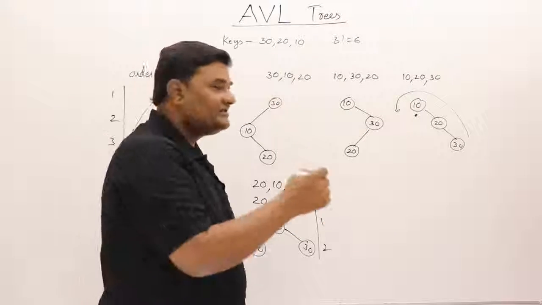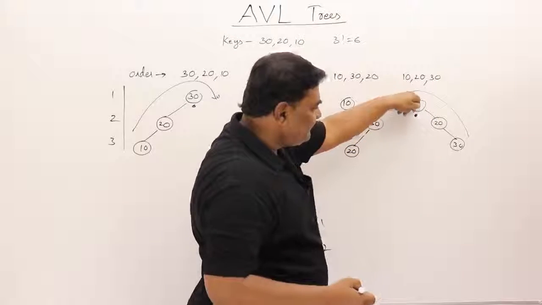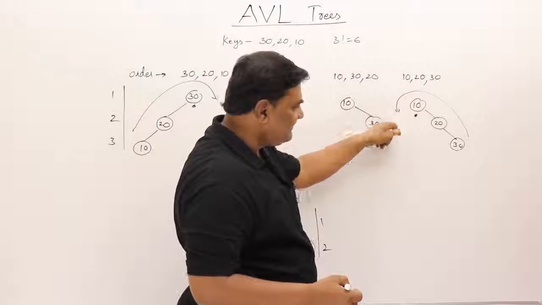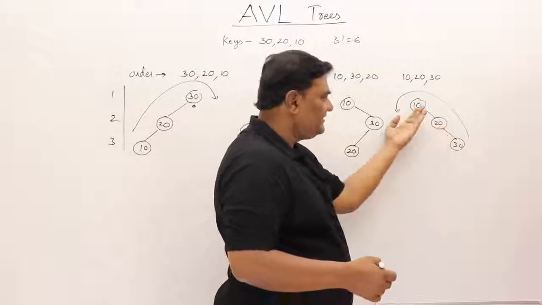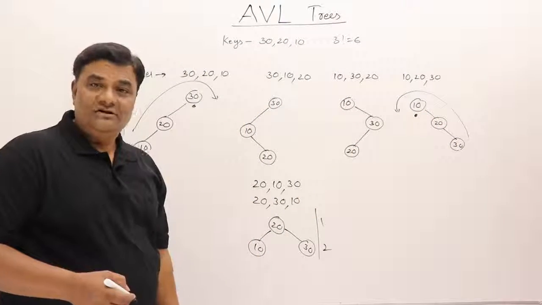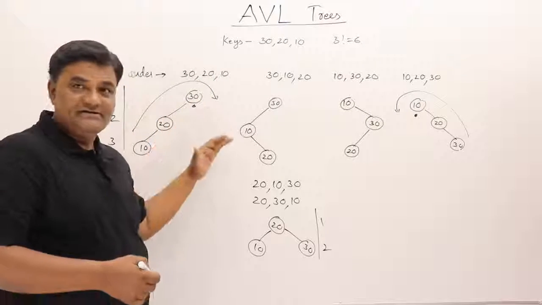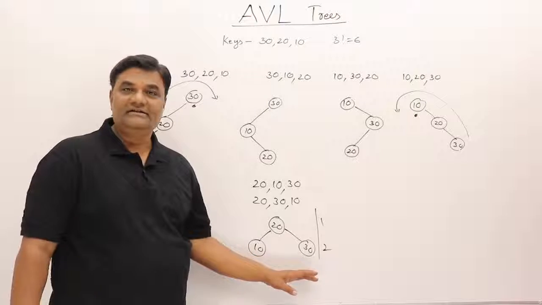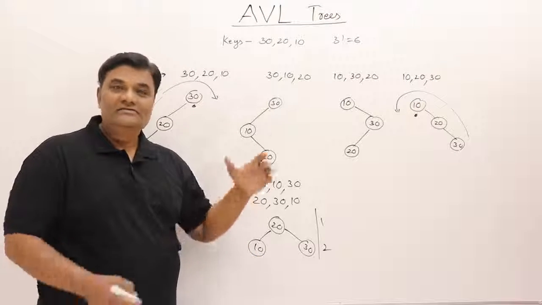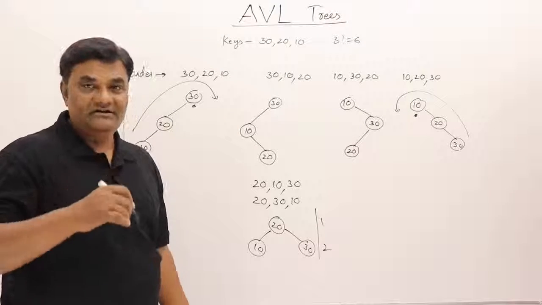Imagine a nail fixed here and a thread around it, and you are pulling the thread. If you pull that thread here, 10 will come this side, 20 will move up and 30 will move up. So we perform rotations and convert these larger height binary search trees into smaller height binary search trees. This is how we can improve, and this gives the idea of the AVL tree.